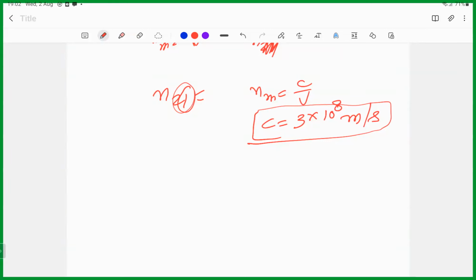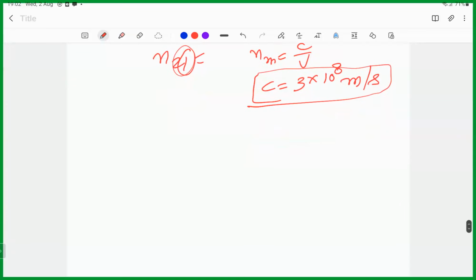Today we see refraction by spherical lenses. We look at some ray diagrams.